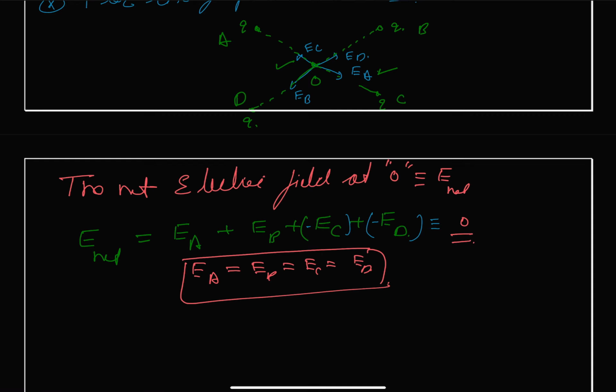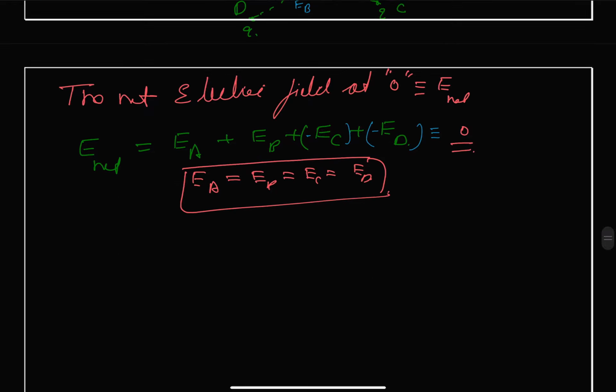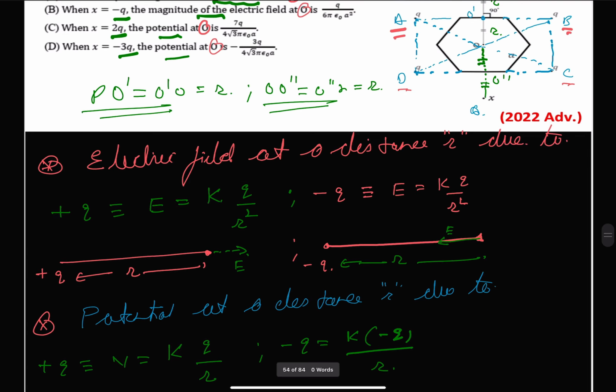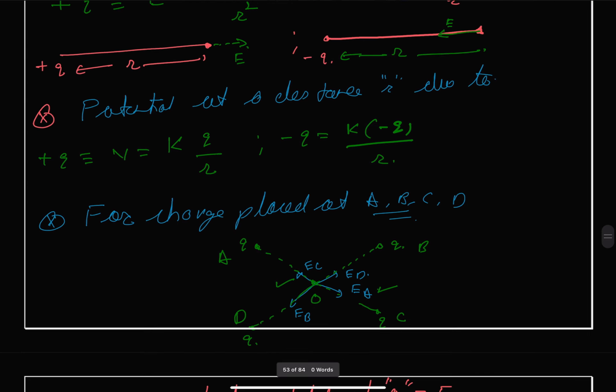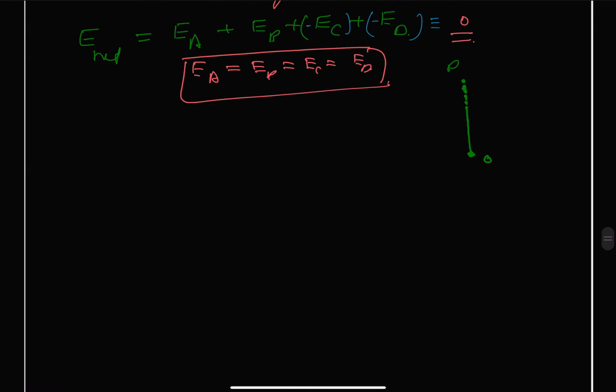So now, other than these 4 charges, we are also having the charges, that is, which is our point P, and other charge is at point X. So this is our X, and the distance is our 2r, and here also it is our 2r.